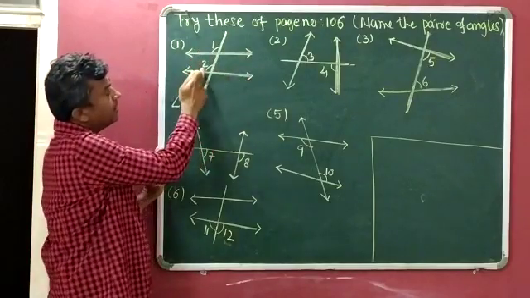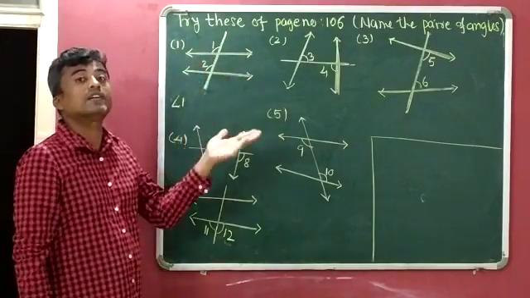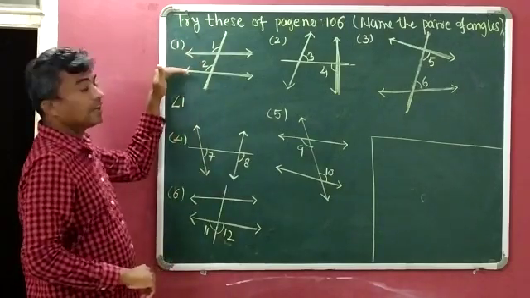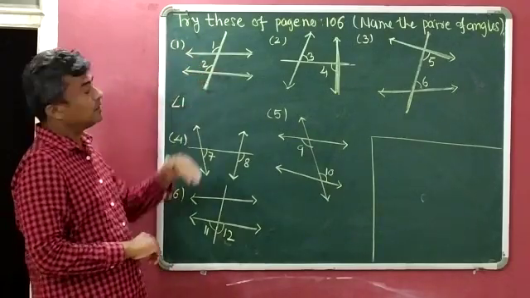Here is the transversal, with one side and a second side. Angle 1 and angle 2 lie on the same side of the transversal and their position is corresponding.